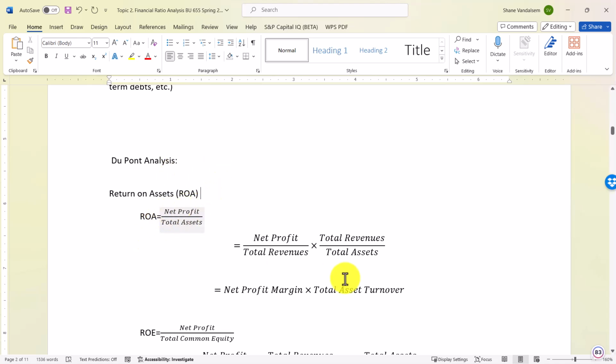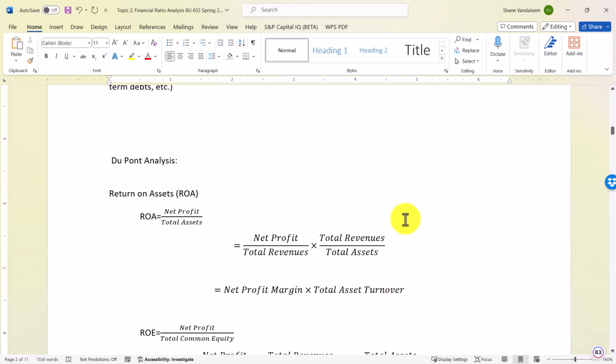So ROA is equal to net profit divided by the total assets of the firm, and it tells us how well the company generates profit based on the value of the assets that they have. The folks at DuPont break this down into many pieces in order to analyze the sources of that profitability relative to the assets. So we can see here that ROA is equal to net profit margin multiplied by the total asset turnover.